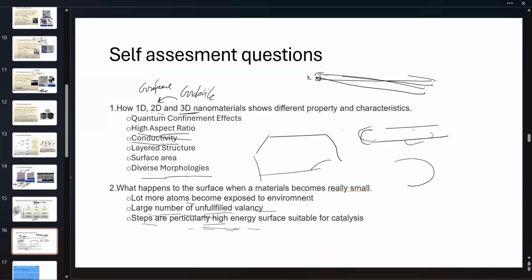When you go down to the nanometer scale, the shape of the particle is not continuous but in steps. Each step would be an atomic layer thick, and then there's another layer of atoms. These step sites are really high in energy and suitable for catalysts.